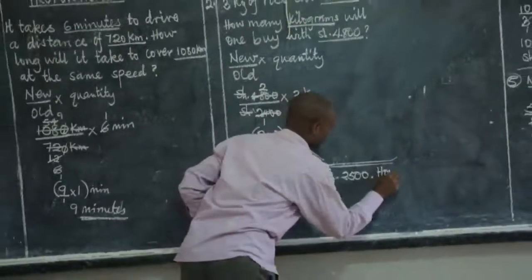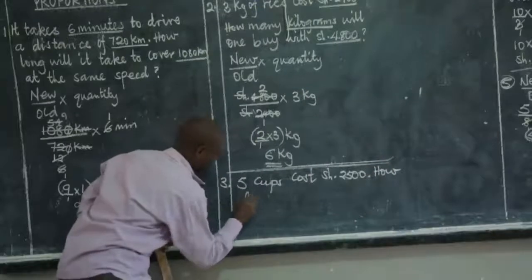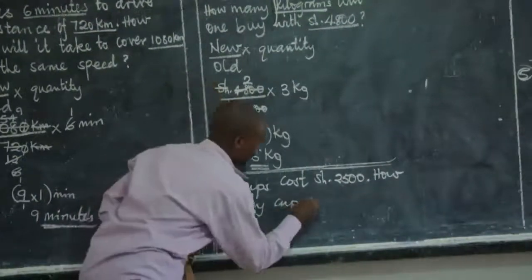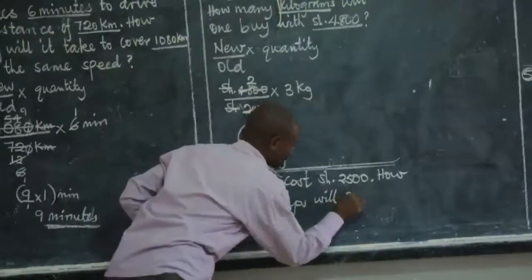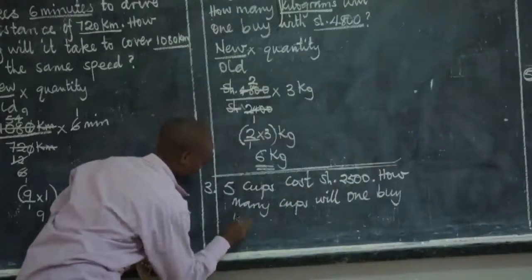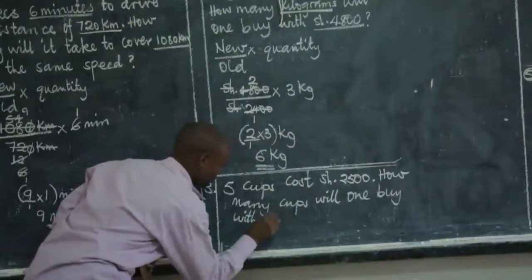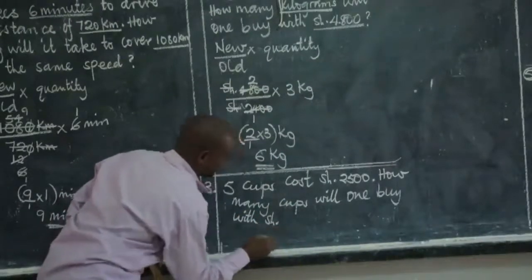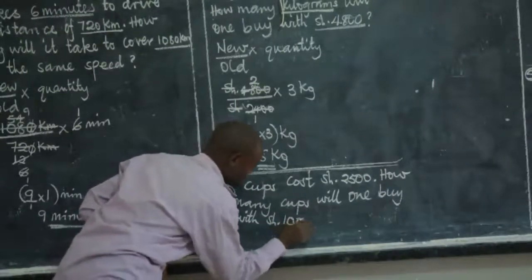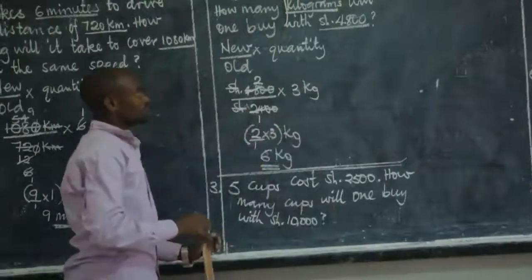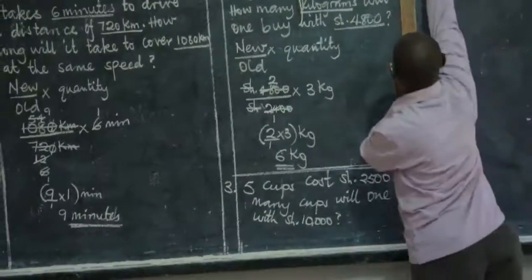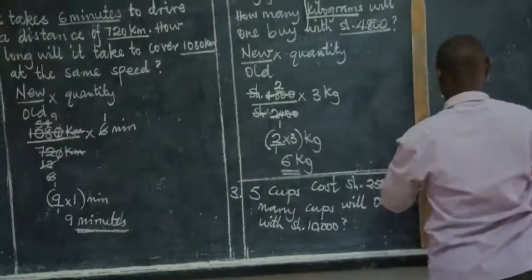How many cups will one buy with 10,000 shillings? Okay? How many cups will one buy with 10,000 shillings?